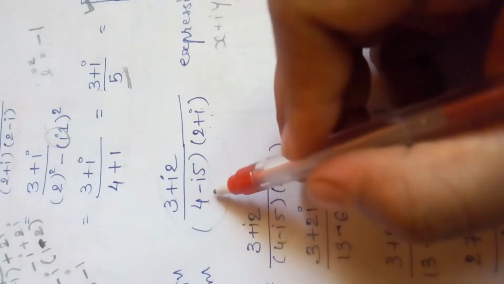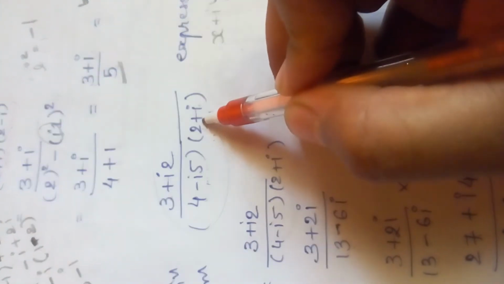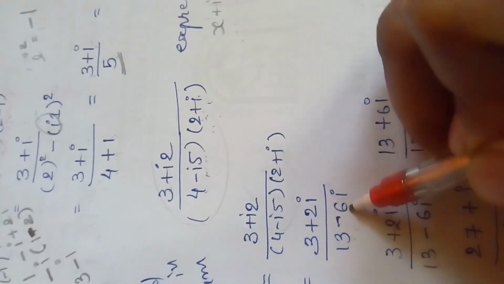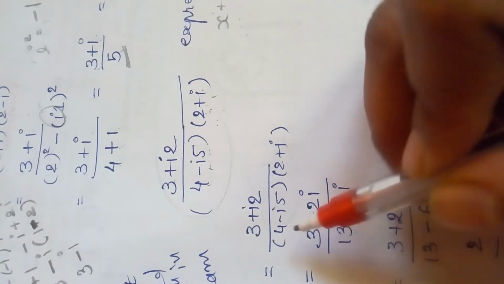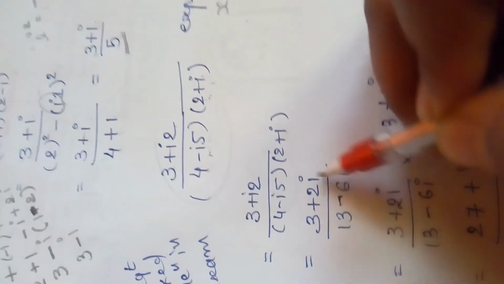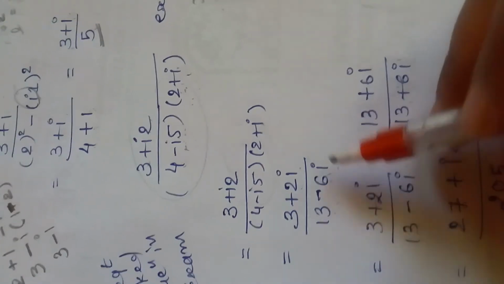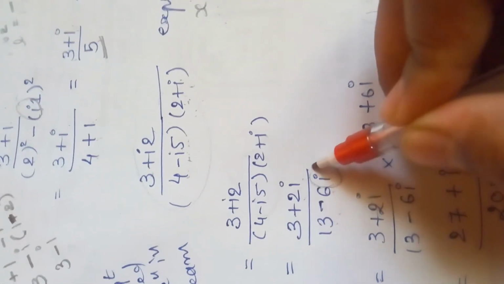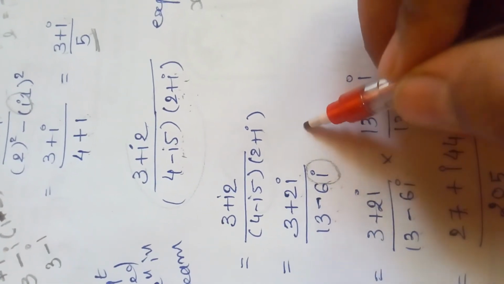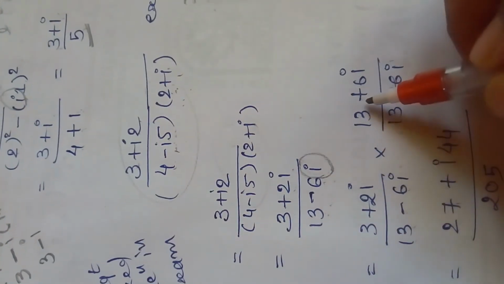So first of all, we will solve this. Two brackets in a multiplication will result in 13 minus 6i. Numerator is a single one, so 3 plus 2i as it is. Now what will we do? We will remove this imaginary part by multiplying the conjugate of the denominator and multiplying here.